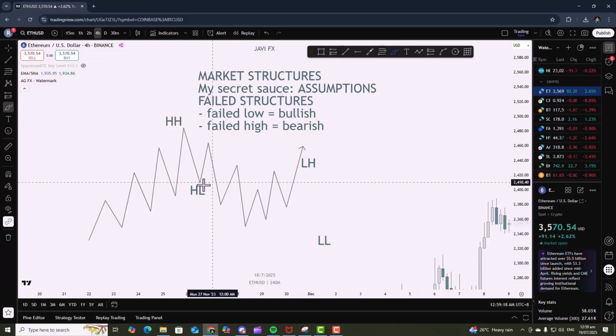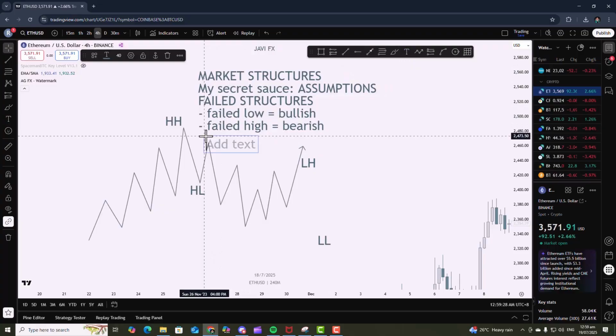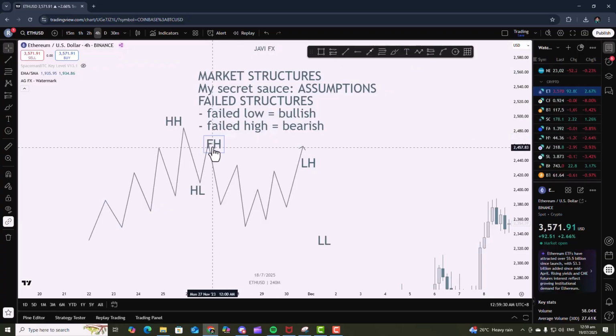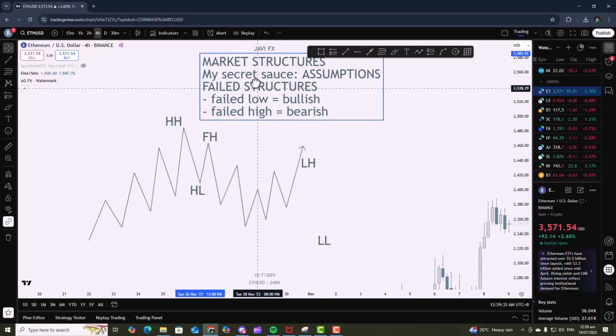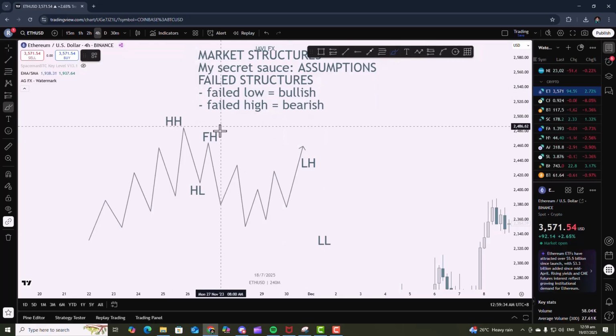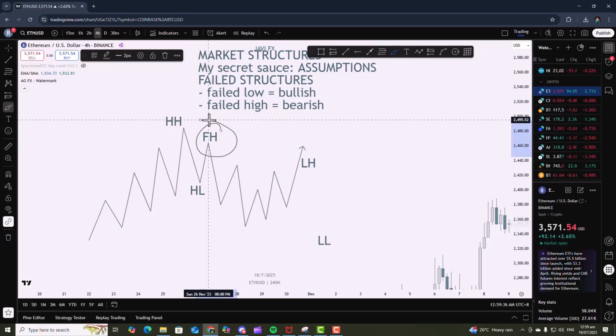What is the assumption after a higher low? A higher high. However, what happened? Instead, we got a failed high. So this structure alone can tell you, okay, we have a failed high, and based on our assumptions, we're supposed to get a higher high.